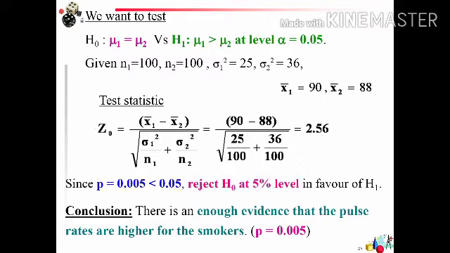Since the p-value here is 0.005, which is less than 0.05, we reject H0 at the 5% level of significance in favor of H1. So what is the conclusion? The conclusion is that there is enough evidence that the pulse rates are higher for smokers than non-smokers.